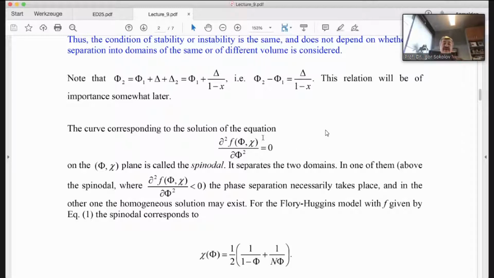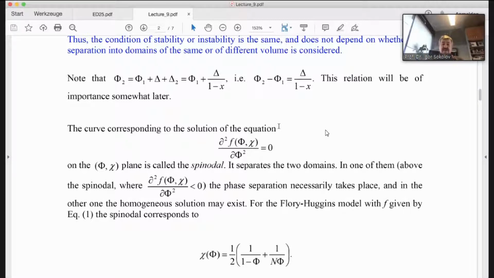Now, the transition between the second derivative positive and second derivative negative passes through a line at which the second derivative is 0. And this line is the line on which the phase separation inevitably starts.